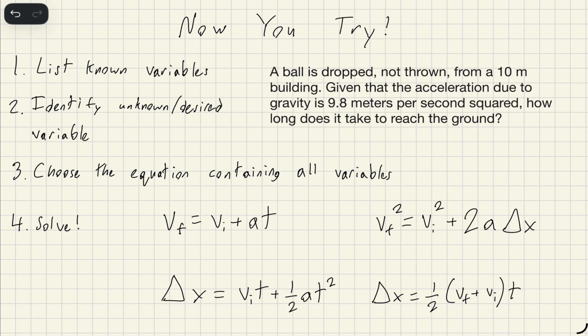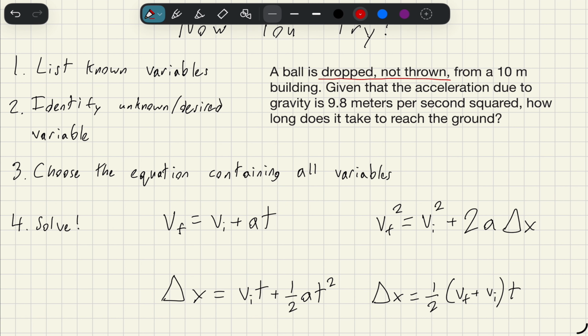All right. We have a ball that is dropped, not thrown. That's important. That tells us we have some initial velocity of 0 meters per second, from a 10-meter building. Well, that's important. We have a 10-meter building, so we have some sort of delta x, 10 meters.